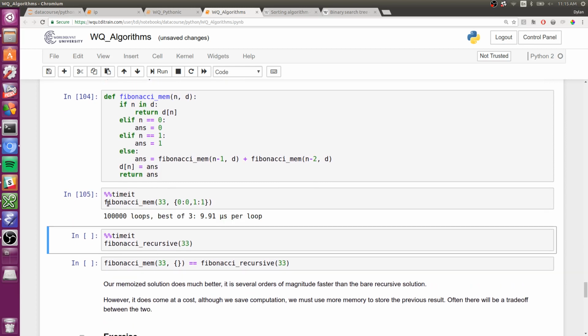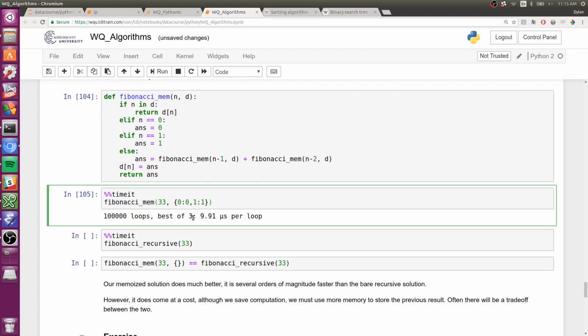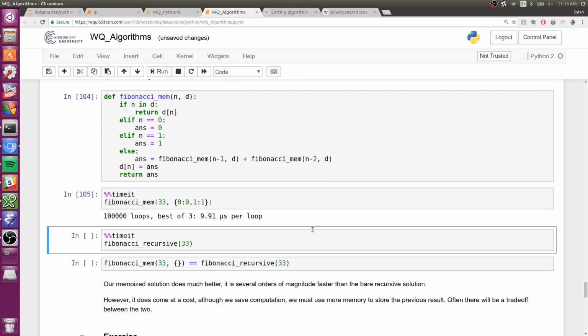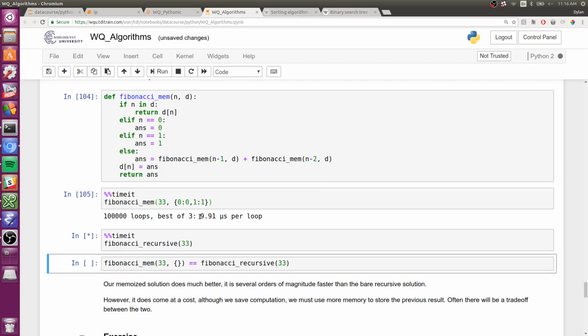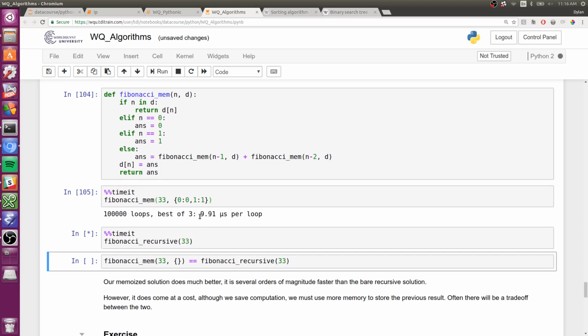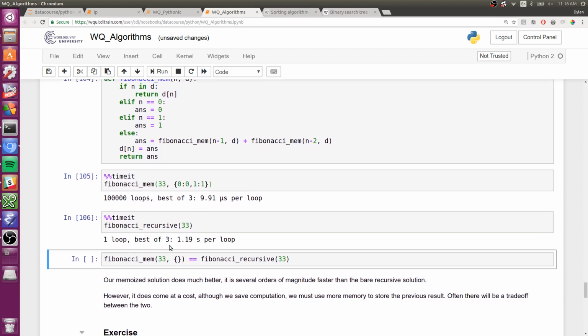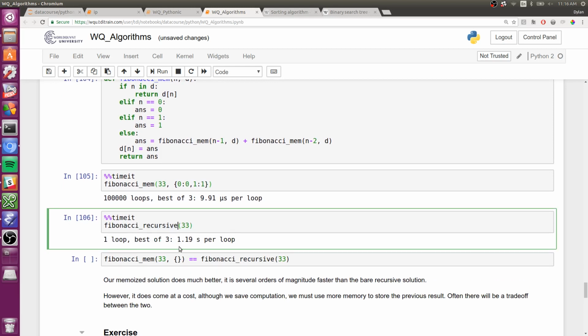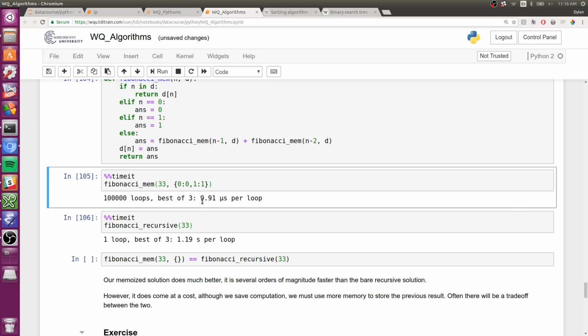So the memoized version takes roughly 10 milliseconds to compute the 33rd Fibonacci number. Meanwhile, the recursive, non-memoized version takes 1 second. It's 10,000 times slower.